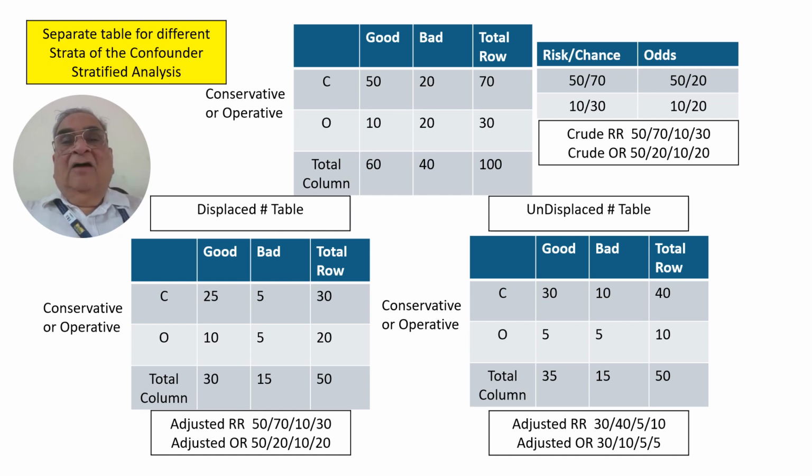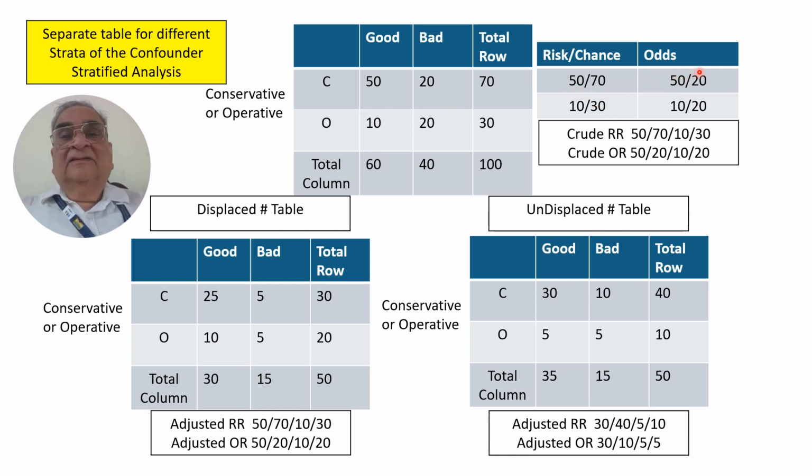And 10 out of 30 is the chance of a good result given the operative treatment. And the odds are 50 upon 20. And therefore, in the odds, the denominator 20 does not contain the numerator 50. In the risk, it does.